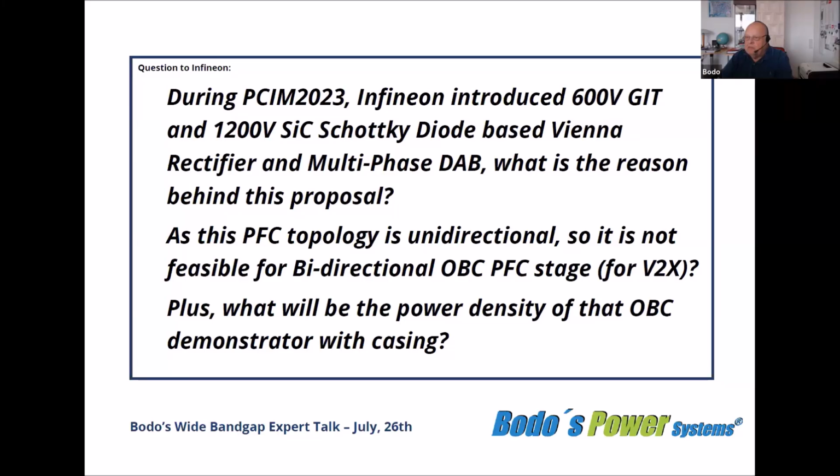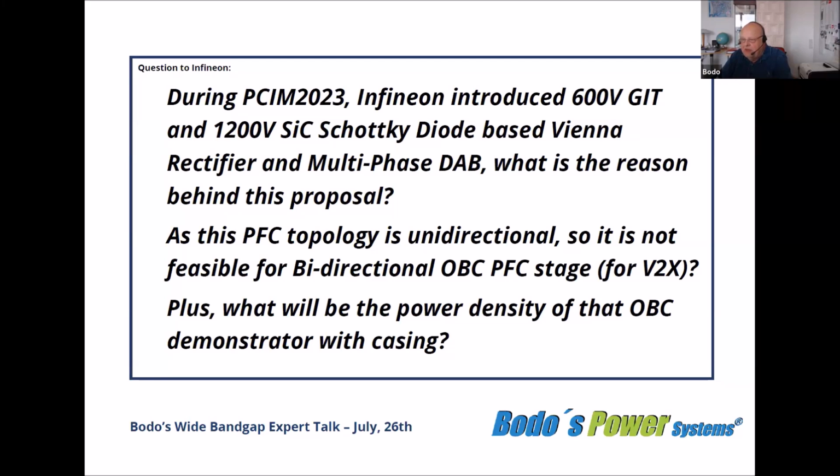You're welcome. So the question goes to Infineon. During PCIM Europe 2023, Infineon introduced a 600 volt GIT and 1200 volt SiC Schottky diode based Vienna rectifier and multi-phase DAB.